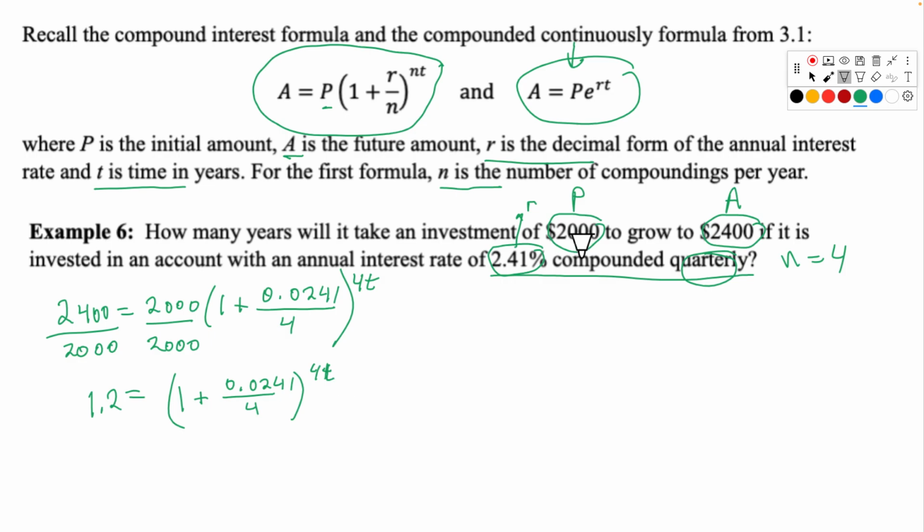But now what should we do? Natural log of both sides. That's a typical way to do this. We could use the log dance, but I wouldn't do the log dance.